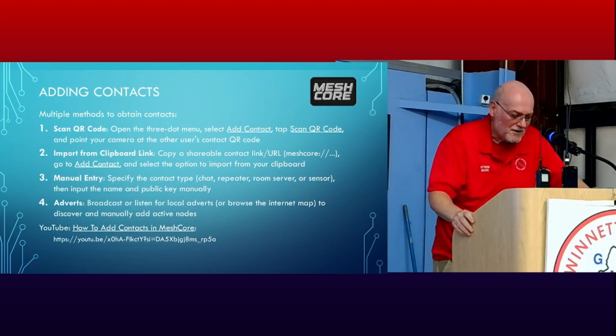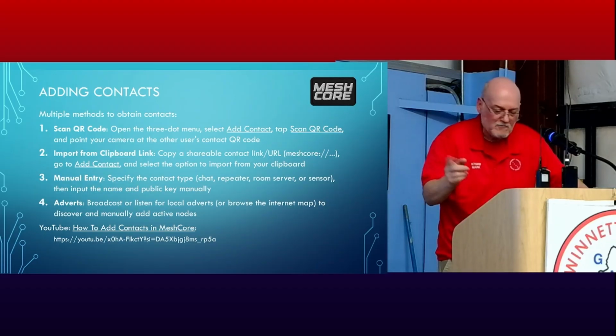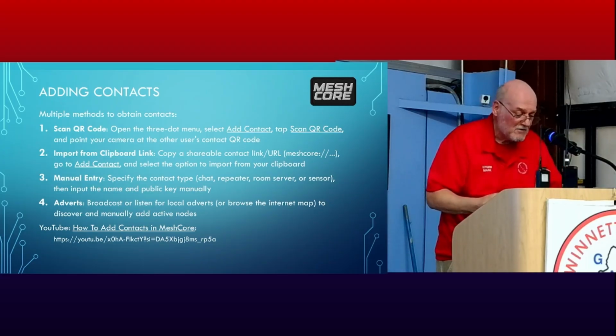So you can export your contact information to the clipboard. You can then copy or paste it into a regular phone text message and send it to them. So that's one way you can do it, is using a clipboard link. You could paste into an email message and send the email. So that's a way to do it.